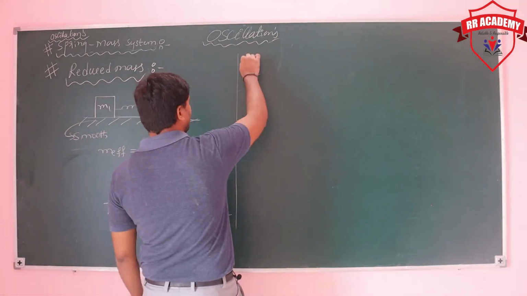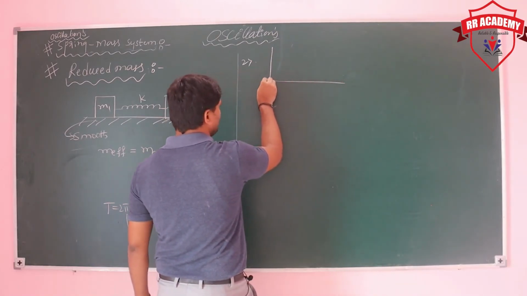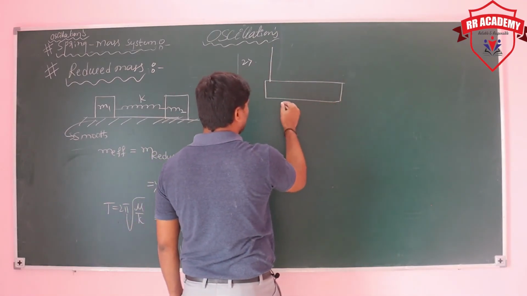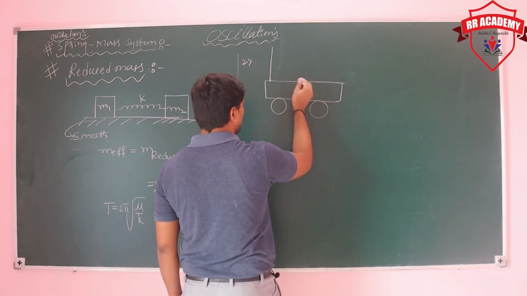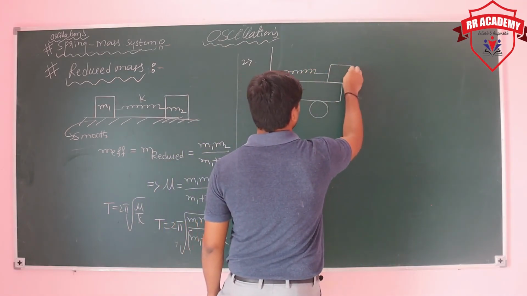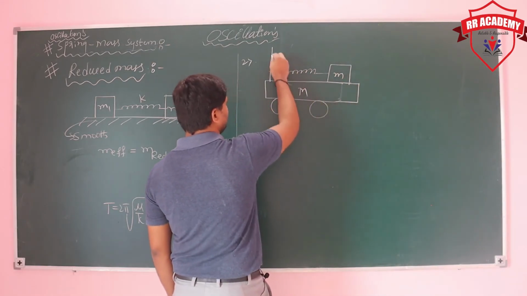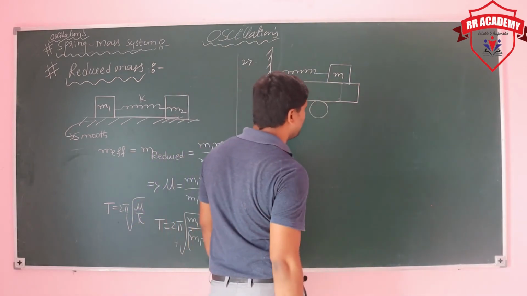Next, one more similar case. There is a heavy vehicle, a train or bus or whatever. On its surface another mass is kept. The mass is m here, and the vehicle mass is capital M. Then what about the time period of oscillation?